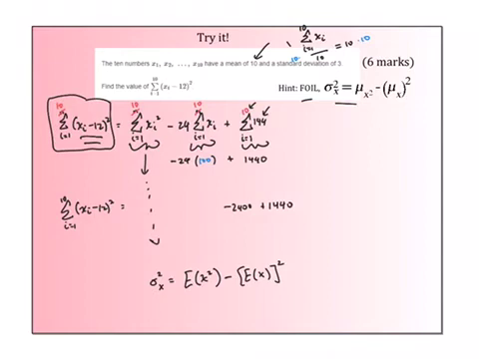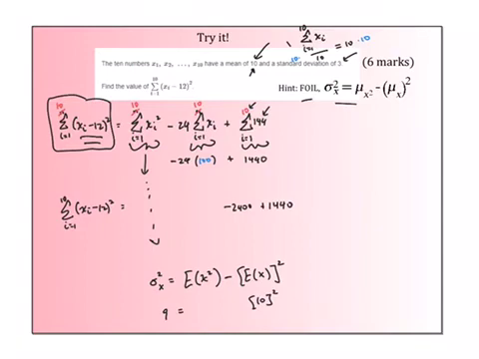Well, I know what the expected value of those x's are. That'd be 10. That's the mean. And I know what the standard deviation is. The standard deviation is 3, so that makes the variance 9.